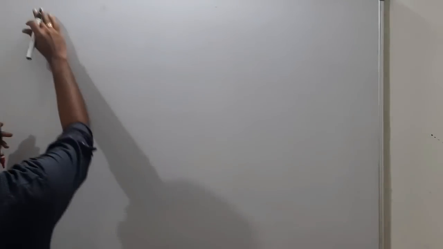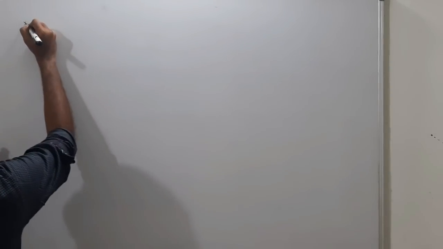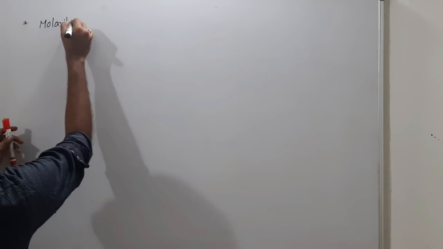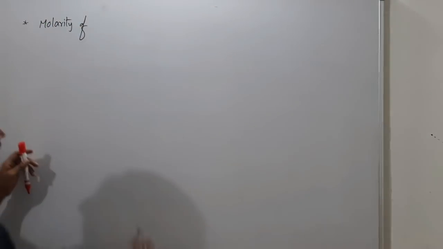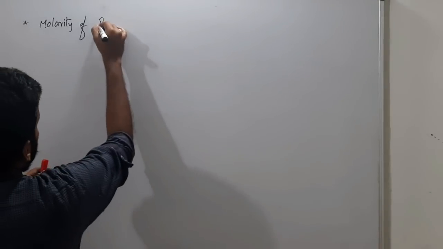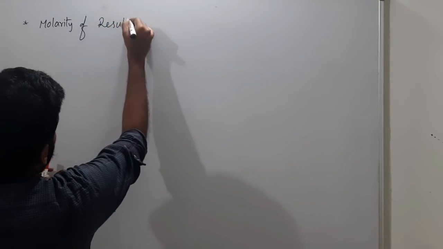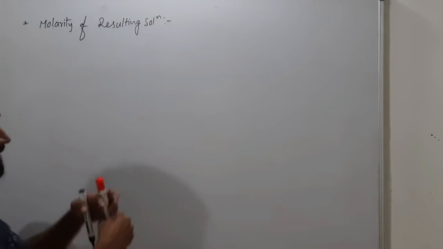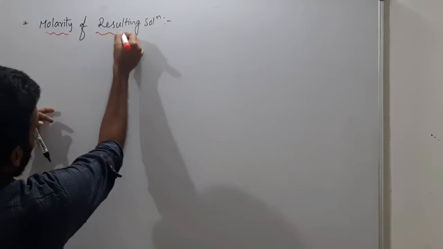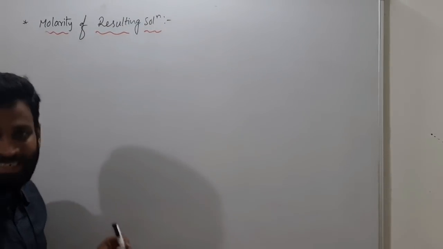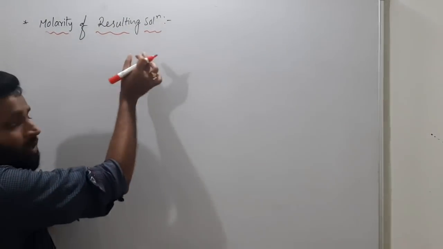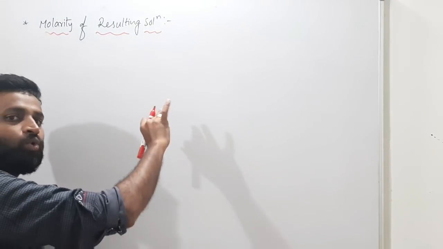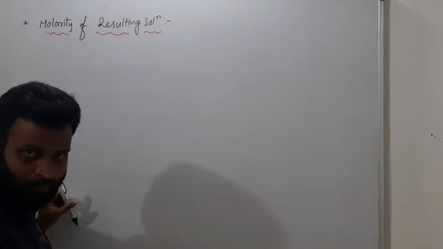Now I'll give you an important formula, the molarity of the resulting solution. What is the meaning of resulting solution? It means the solution which comes after mixing of two or more than two solutions.